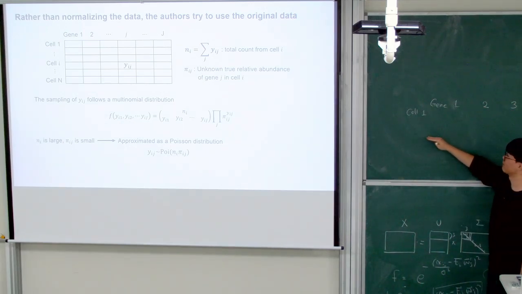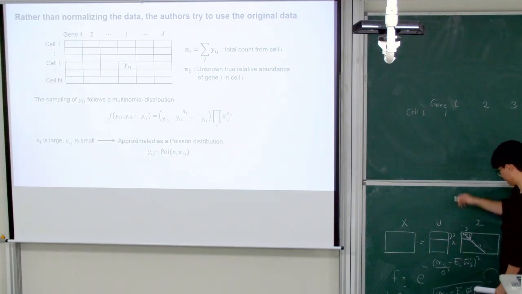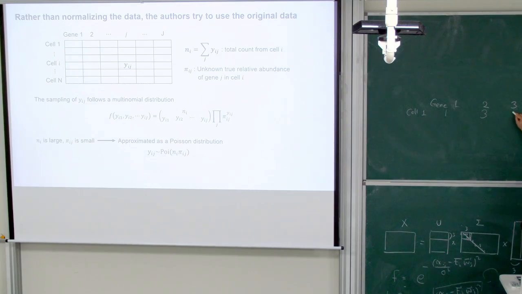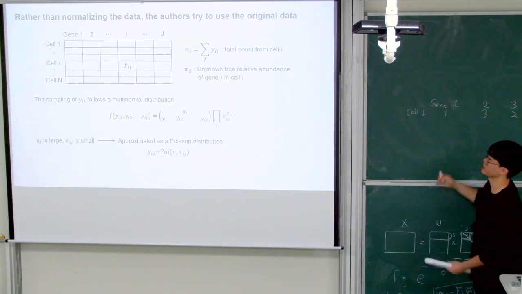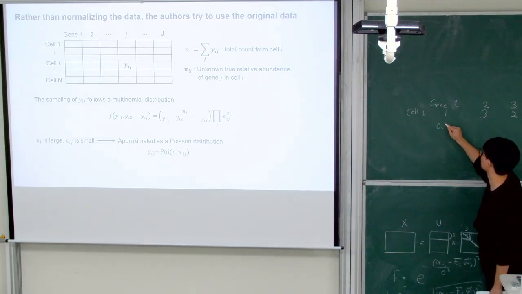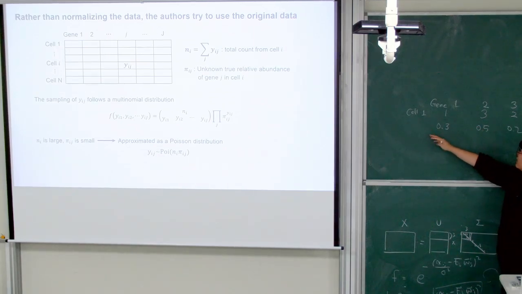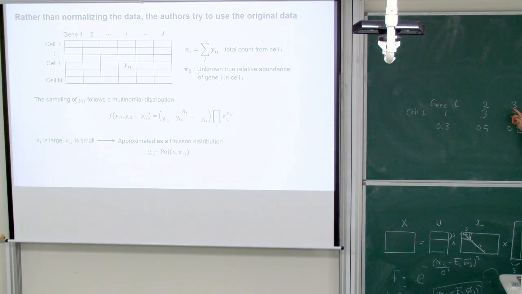Suppose for one cell, there are 3 genes. And suppose we count 1, 3, and 2. And let us assume the unknown abundance is, for example, 0.3, 0.5, and 0.2. Meaning that for the cell, when we randomly pick a gene, then with about half probability we pick gene 2. And with 0.3, we pick gene 1.